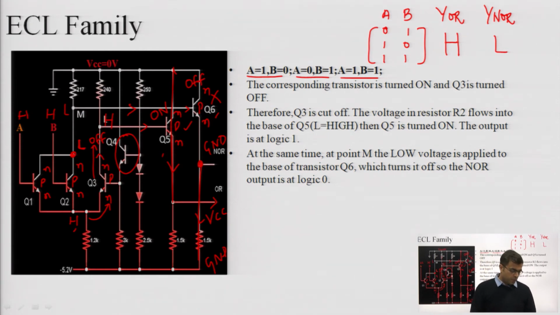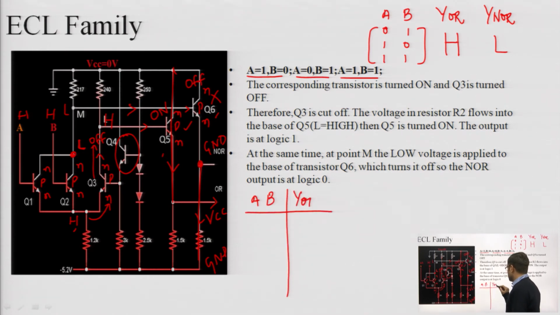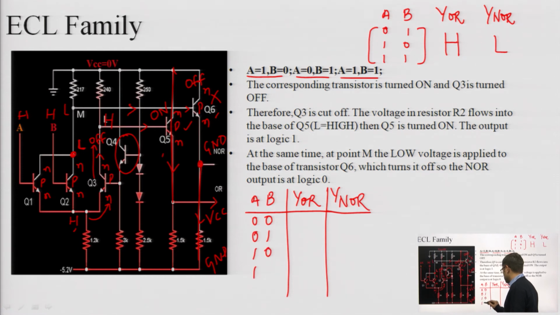And now let us come to the characteristics. So if you want to summarize in the form of truth table, you can simply mention the basic truth tables as well. Y OR and Y NOR. Okay, 0 0, 0 1, 1 0, 1 1. So OR will be this one and NOR will be this one.